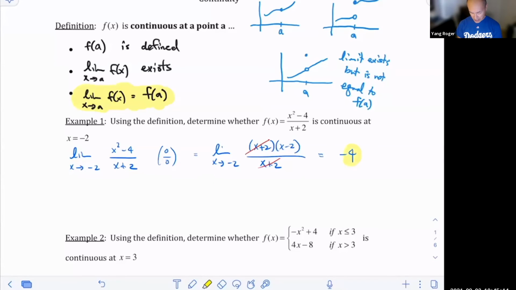So that's going to be my answer for the left-hand side. That's just the left-hand side that I calculated over here. Now, if I calculate what the right-hand side is, what is f of -2 going to be equal to?